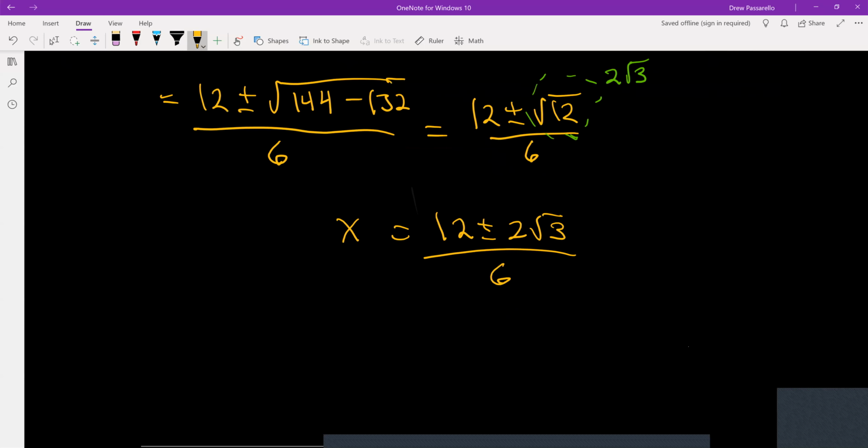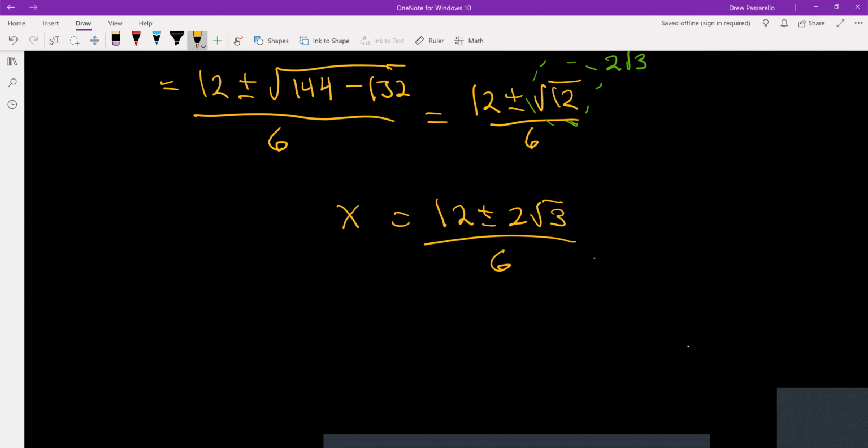All right, so this is what we have, and you have 2 possibilities. I could have 12 plus 2 square root of 3 over 6, or 12 minus 2 square root of 3 over 6.